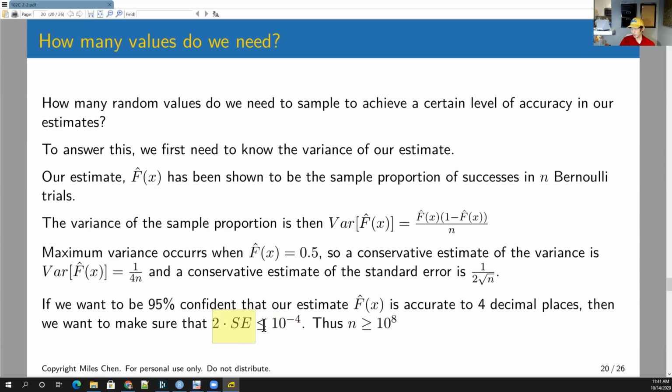And so if you want 2 standard errors to be less than 10 to the negative 4, knowing that a standard error is 1 over 2 square root of n, you need n to be at least 10 to the 8. Okay, meaning that to be 95% confident that your sample proportion is accurate to 4 decimal places, you need to sample around 100 million values, which is a lot, okay? But this relationship of things converging at a rate of 1 over square root of n, you can look at this for any of these other things, and that rate is going to hold true.